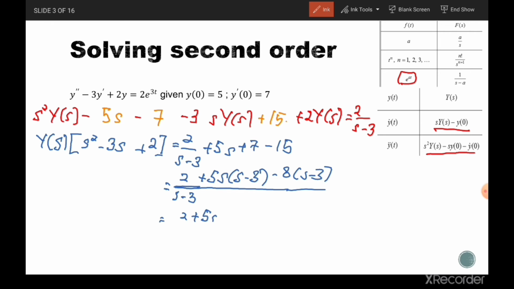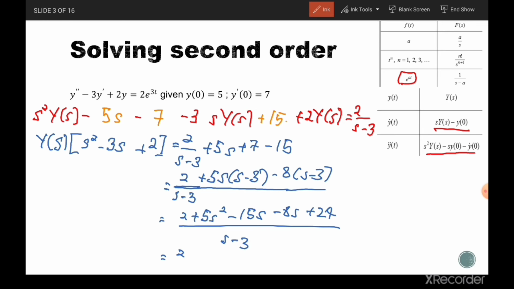Then we have here minus 15, minus 8, s minus 24, all over s minus 3.